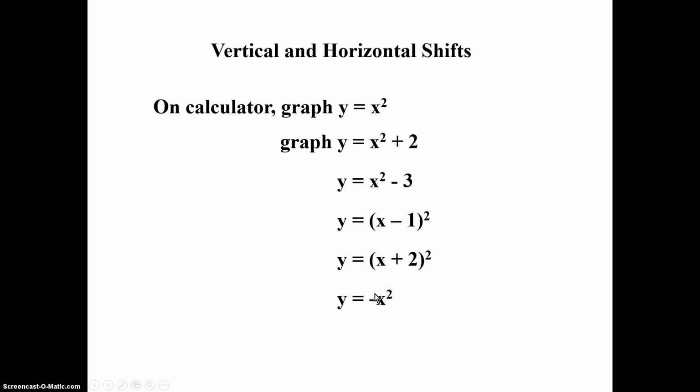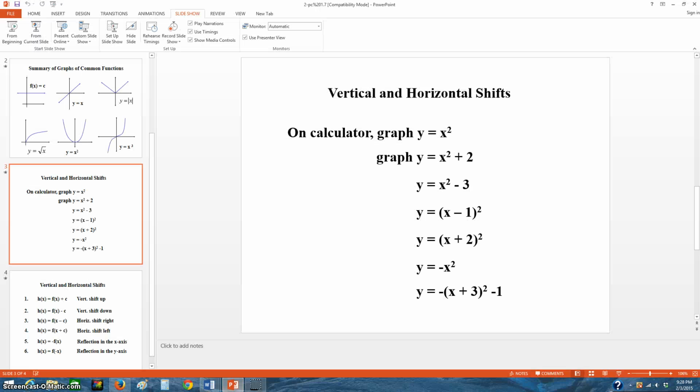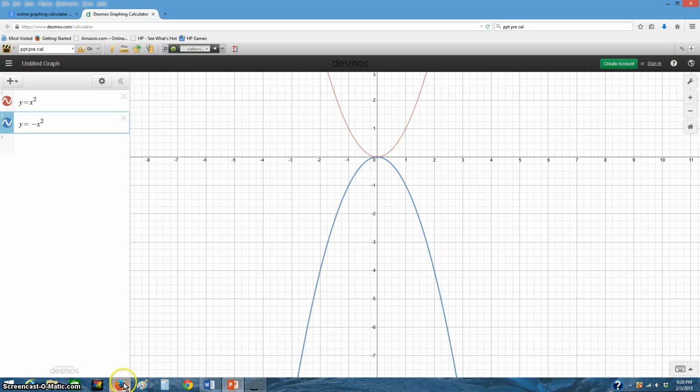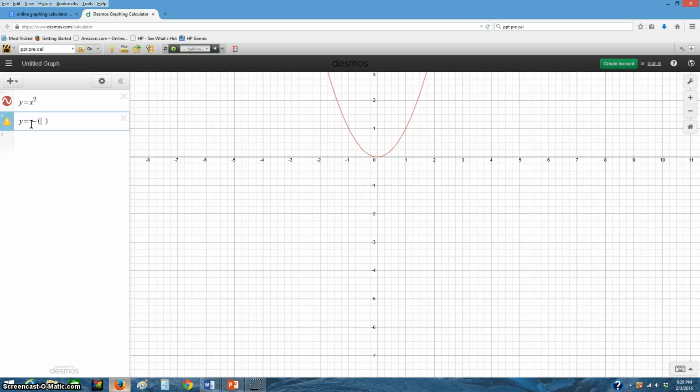Okay, and now let's continue with the last one that I want to do for this type of shift, which is y equals negative x plus 3 squared minus 1. So let's see what's going to happen. All right, so we have negative x plus 3 squared minus 1.